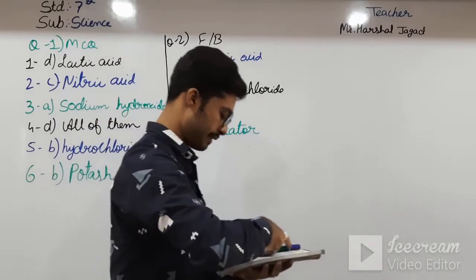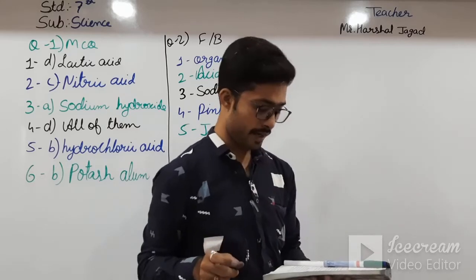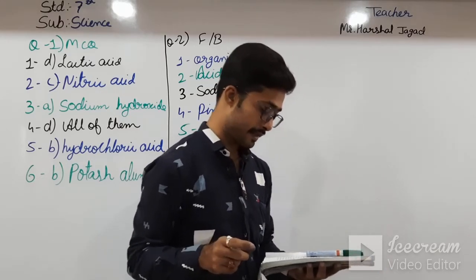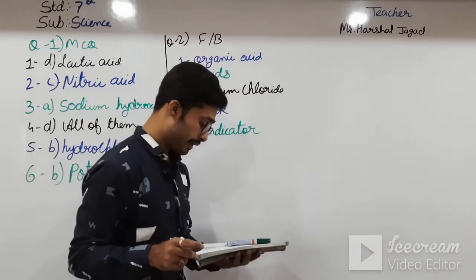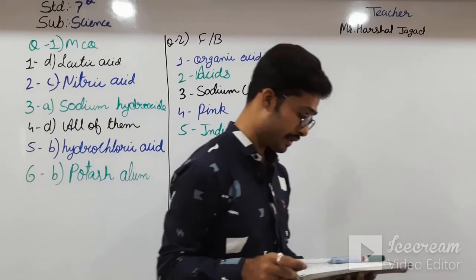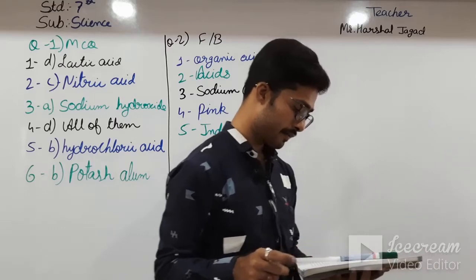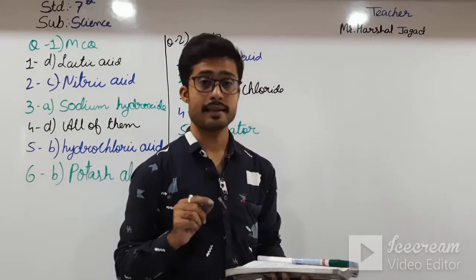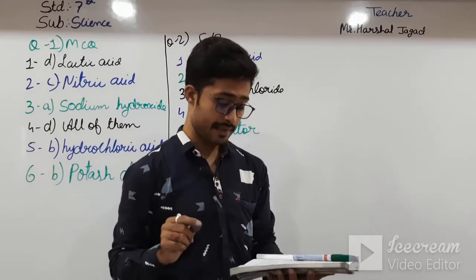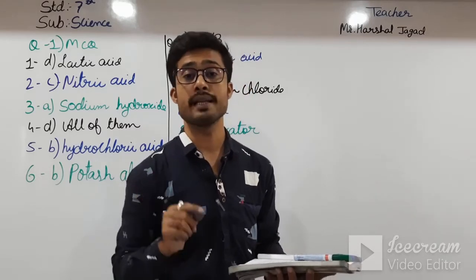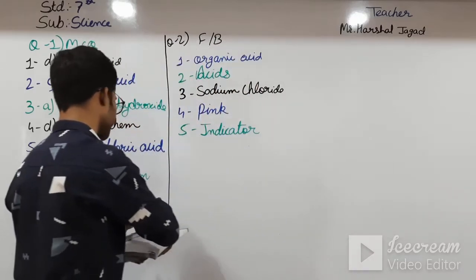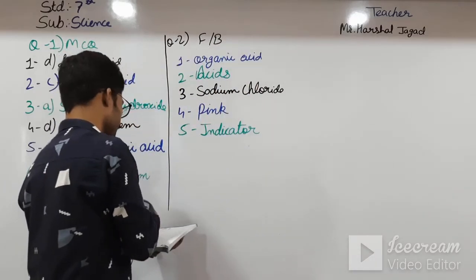Sixth one: dash salt is formed when a weak acid reacts with a strong acid. Sorry students, I think there is a mistake here. A weak acid reacts with a strong base, not acid. So it will form basic salt.